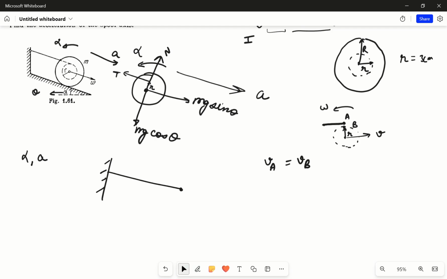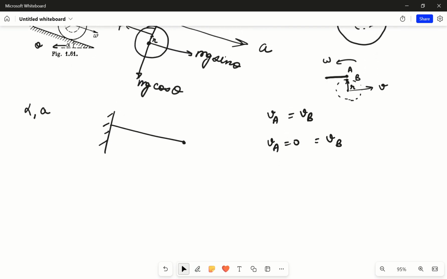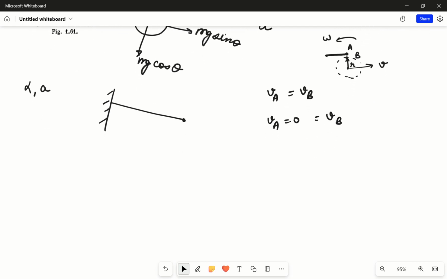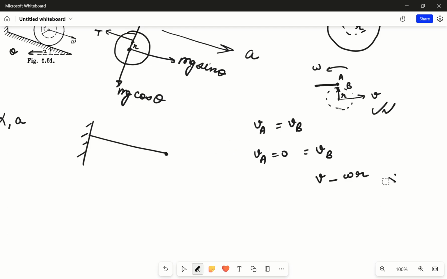So this means that the velocity of point A is equal to 0, as the string is not moving. Thus the velocity of point B would be equal to 0, right? So what would be the velocity of point B? The velocity of point B can be written from this diagram. As we can see, its velocity would be v minus omega into small r, right? It would be equal to 0.